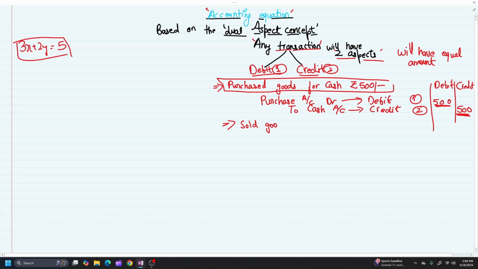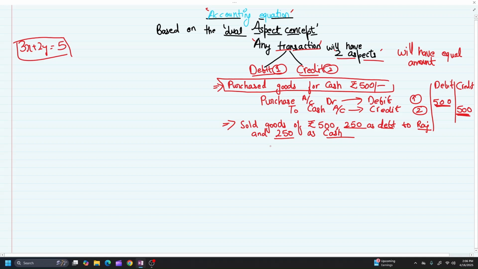Like if I take the second example, sold goods of rupees 500, 250 as debt to Raj and 250 as cash. Okay? So what you did: sold goods, 250 debt to Raj and 250 as cash.